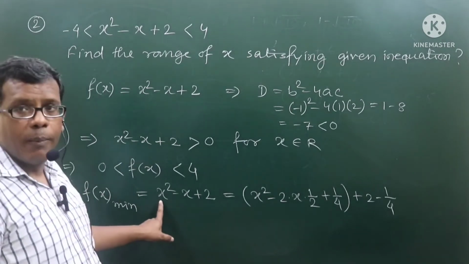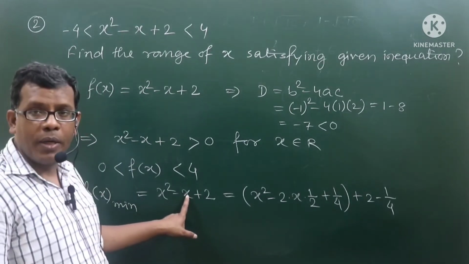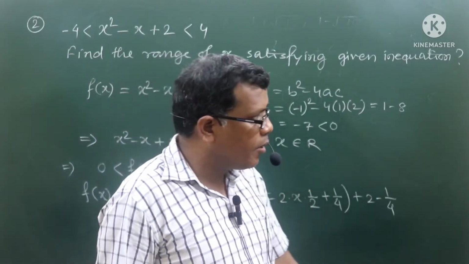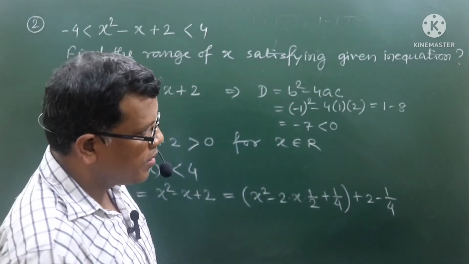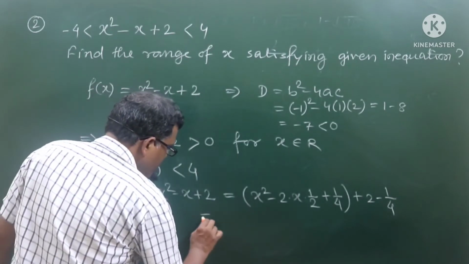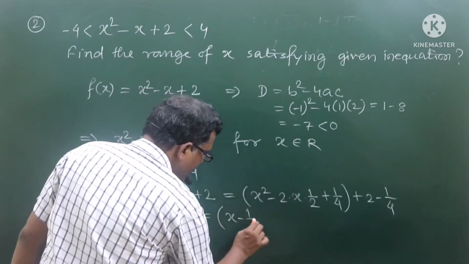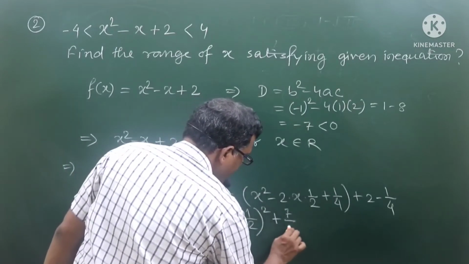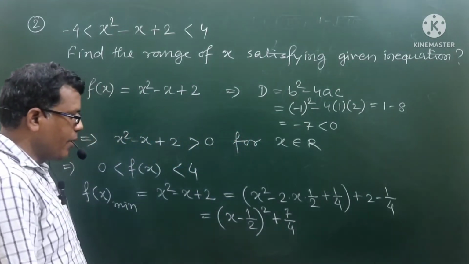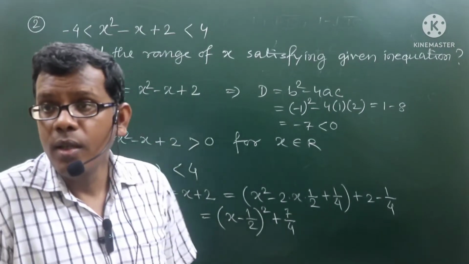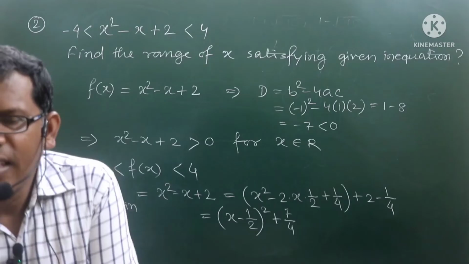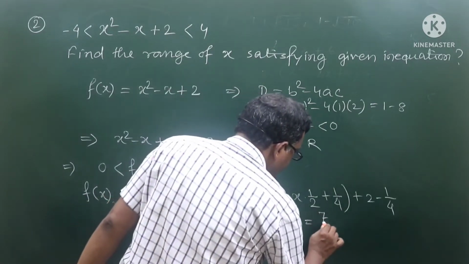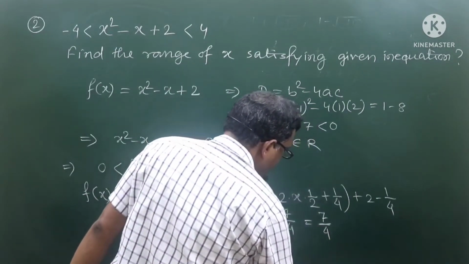Because this will be compared with a square, and this will be compared with 2ab. So b in that form is 1 by 2, and the square of 1 by 2 is 1 by 4. So we can write this as x minus 1 by 2 whole square plus 7 by 4. Are you getting me or not? So from this we get the minimum value of the expression is 7 by 4.